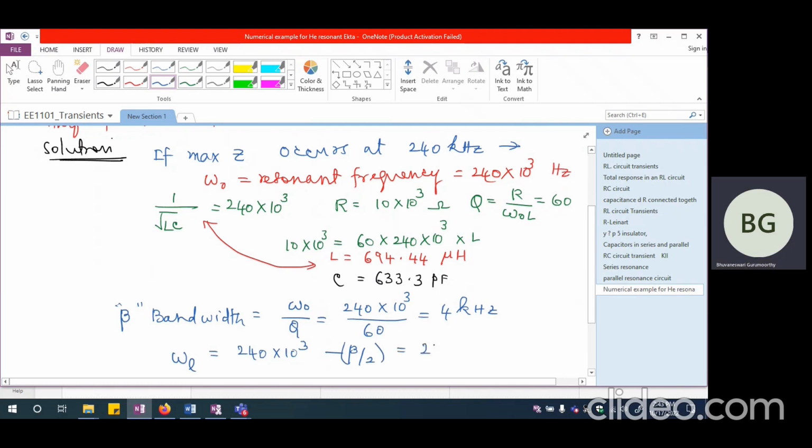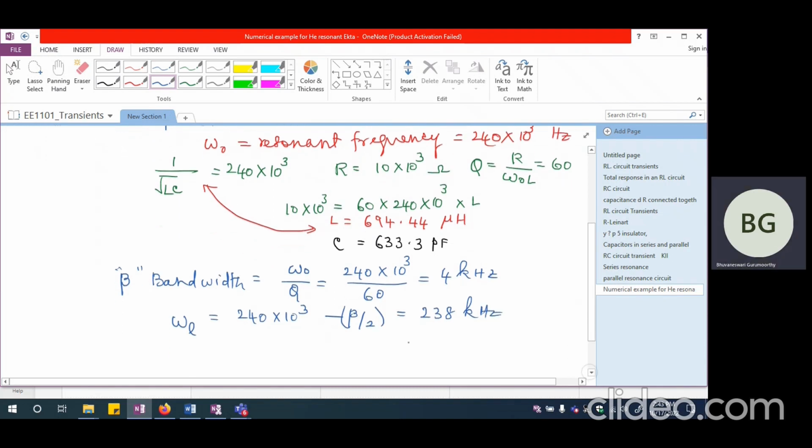So this is going to be 238 kilohertz. And similarly, omega upper is going to be 240 multiplied by 10 power 3 plus beta divided by 2. So that is going to be 242 kilohertz.